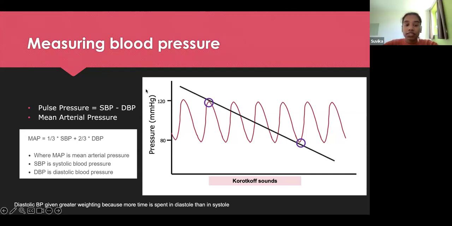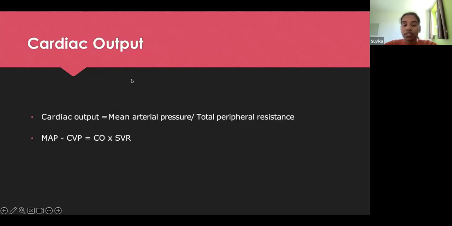Okay, so you can see here the black line represents the pressure of the cuff. You pump it up to above systolic pressure, so often above 120, and we slowly release the cuff pressure until we start hearing Korotkoff sounds, because at this point, the cuff pressure is greater than your blood pressure. So we're essentially occluding the vessel, and so there's no blood flow. But as you decrease the pressure, eventually it reaches a point where you're now at your systolic pressure.